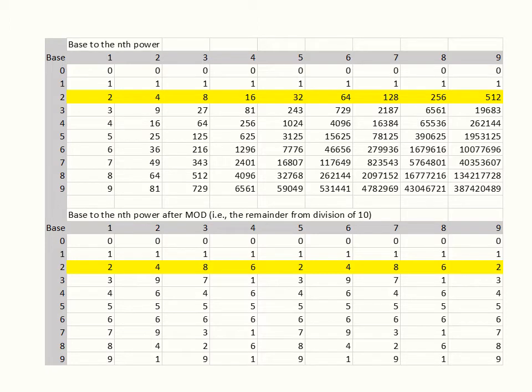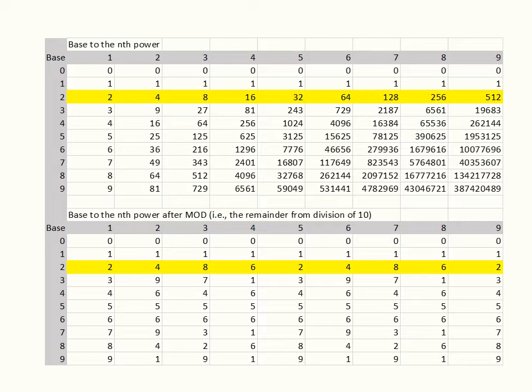The top part of it is the calculation of all these to the ninth power, and the bottom part is just the last digit, the remainder with mod 10.